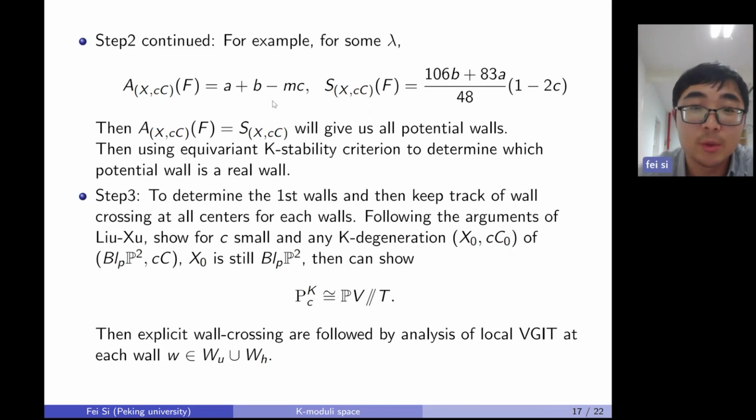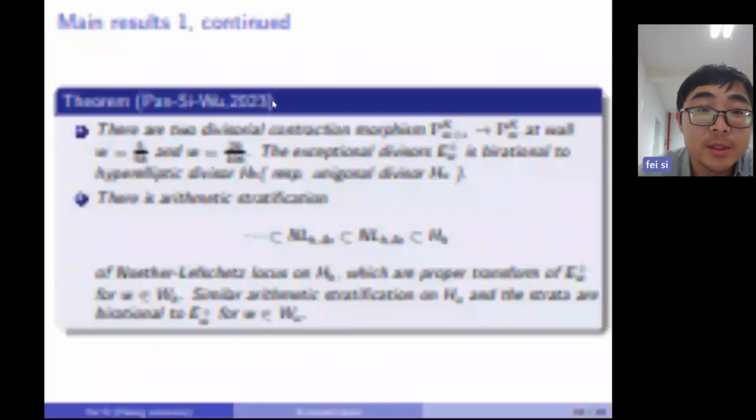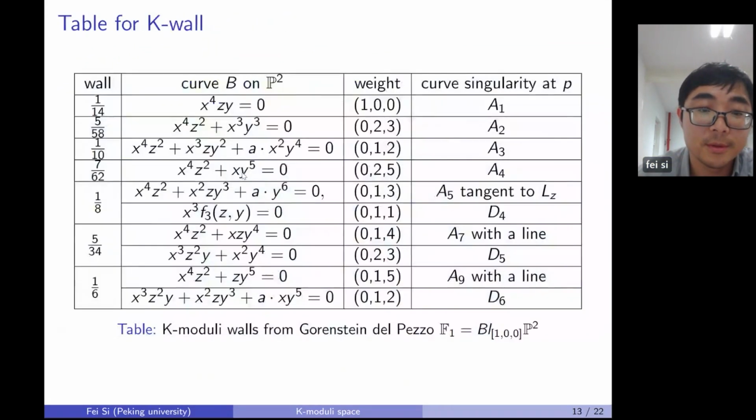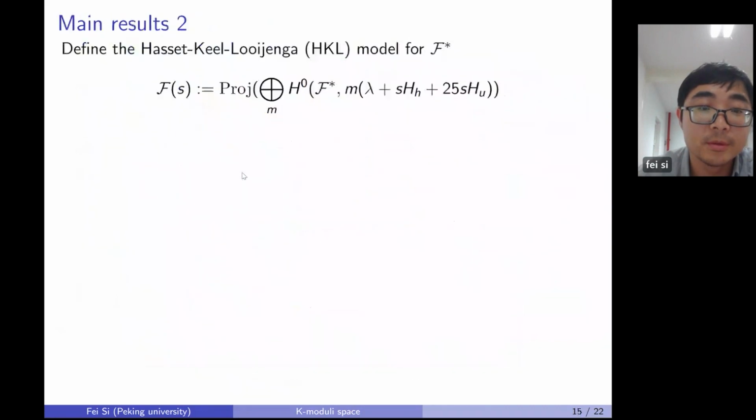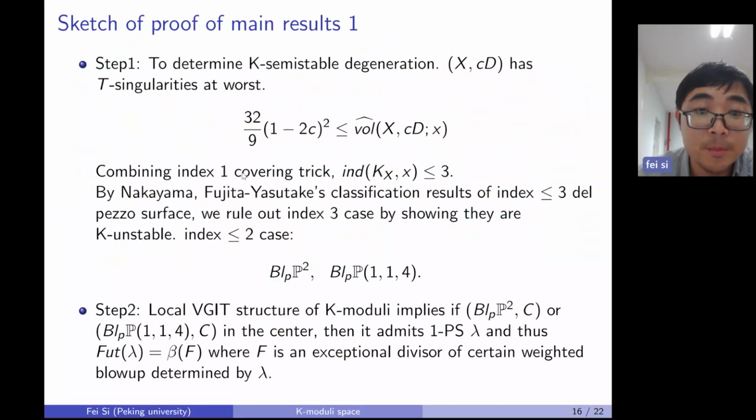So you will finish the first part of our results. Let's return a little bit. Here you will get these numbers after step 1 and step 2. Okay, let's continue.